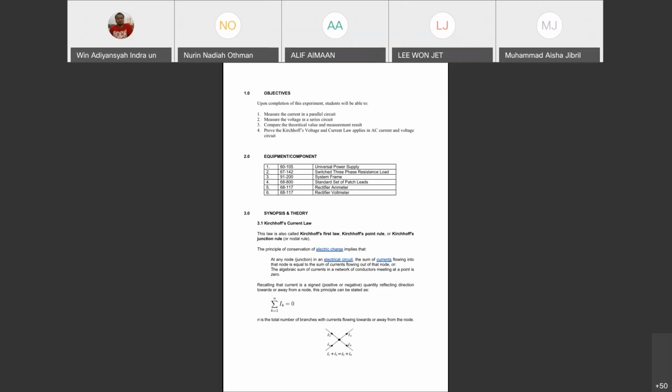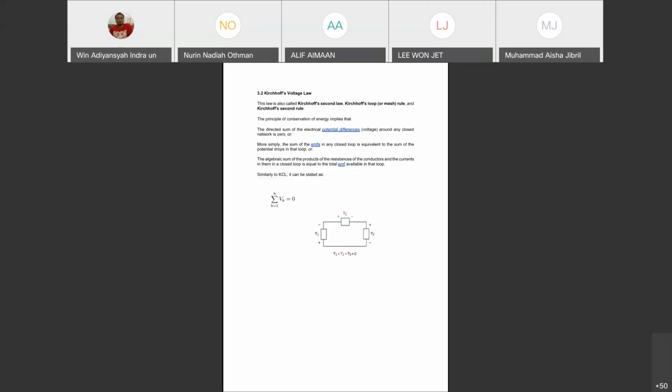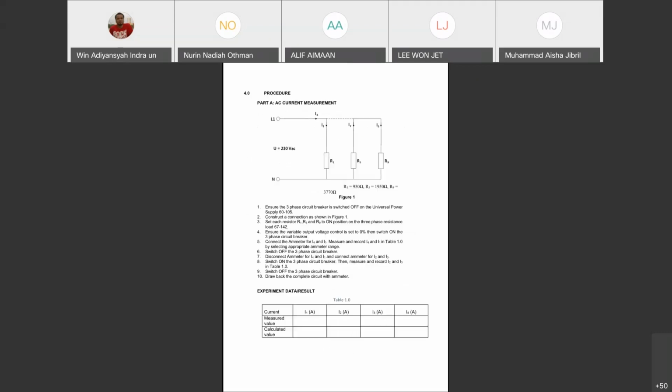If you see here, the equipment and components needed: universal power supply, switch, phase resistance load, standard set of patch leads, rectifier ammeter, ampere meter, rectifier voltmeter. You check at the library and find these devices.